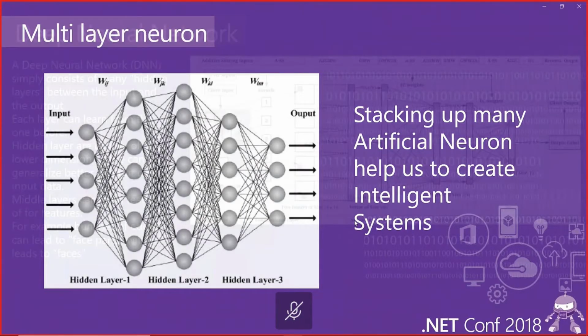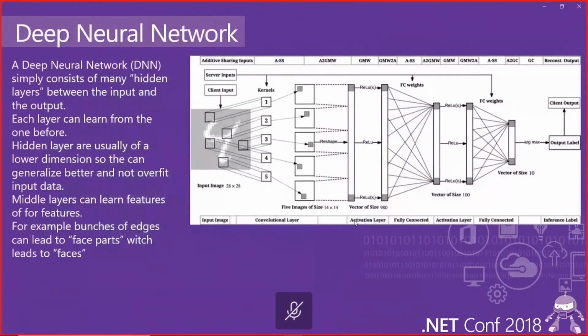Why? Because we are talking about deep neural networks, and a deep neural network simply consists of interconnected layers of neurons. There are also some hidden layers in between the input and the output, and each layer can learn from the one before. This is important.